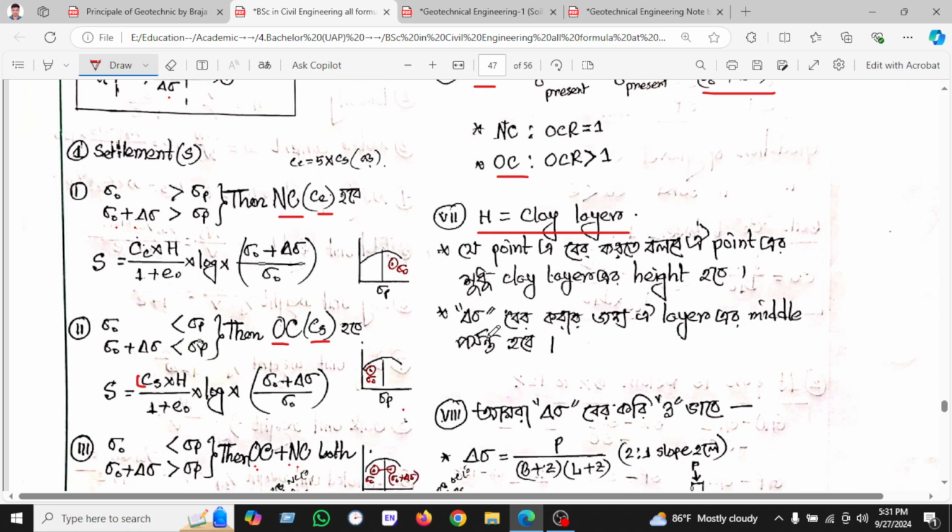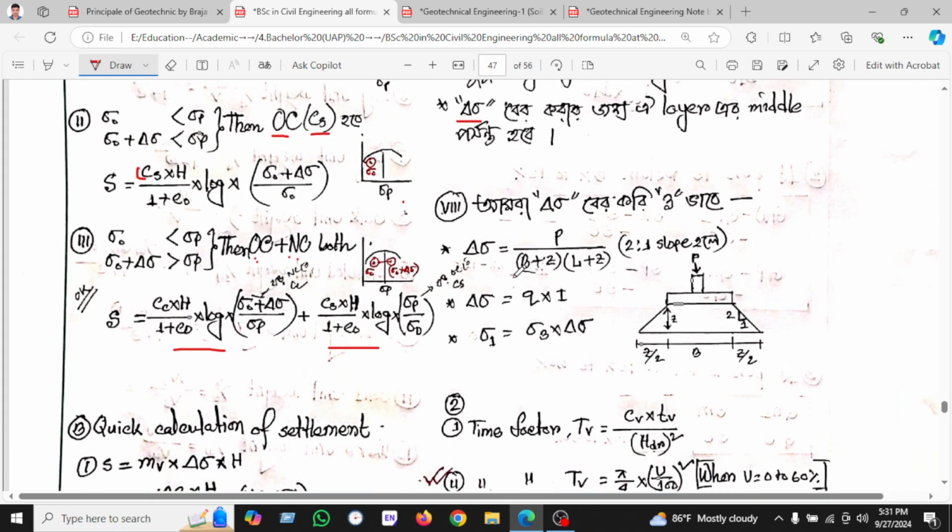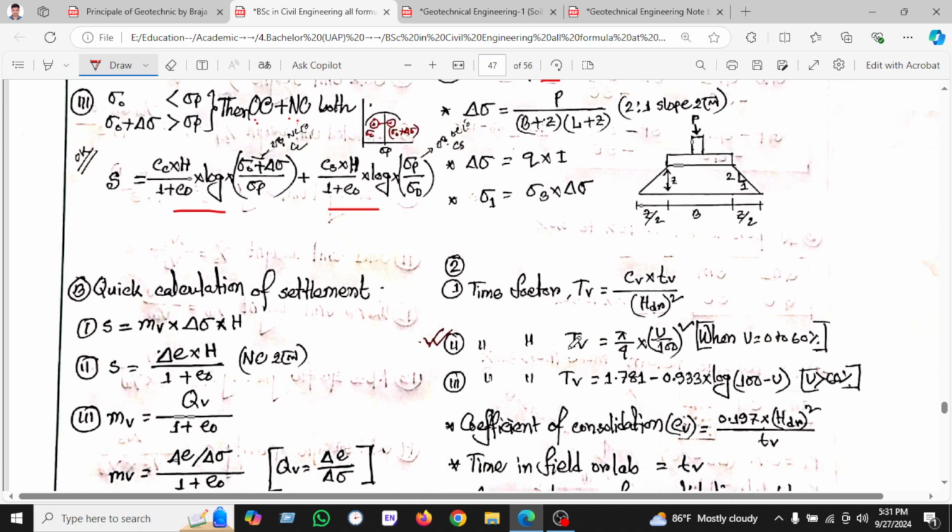For finding delta sigma, we use three ways. One is the 2:1 slope method, P divided by (B plus Z) times (L plus Z), another is Q times I, and another is the three-dimensional method for the whole delta sigma.